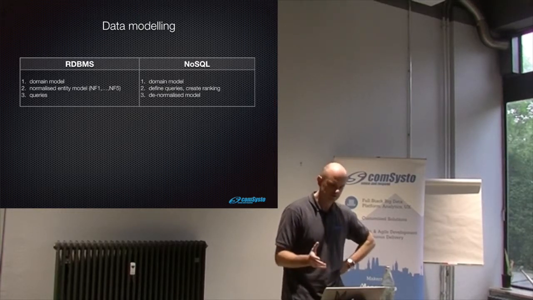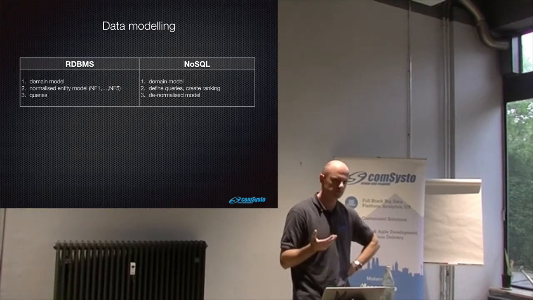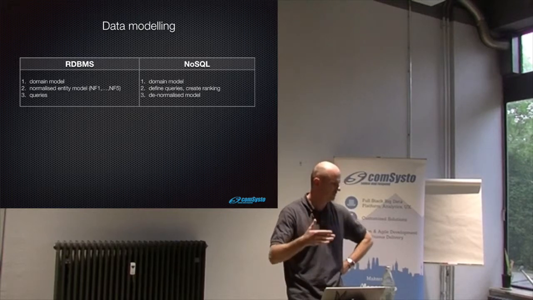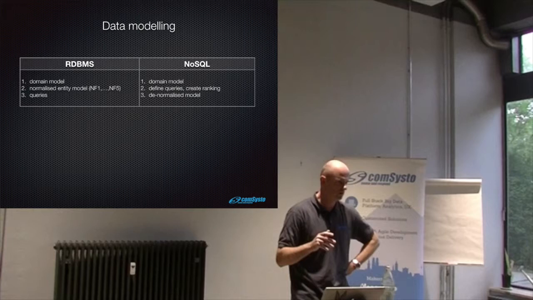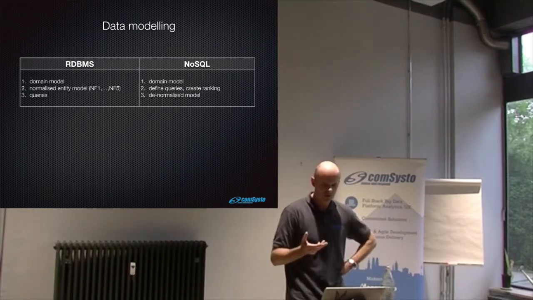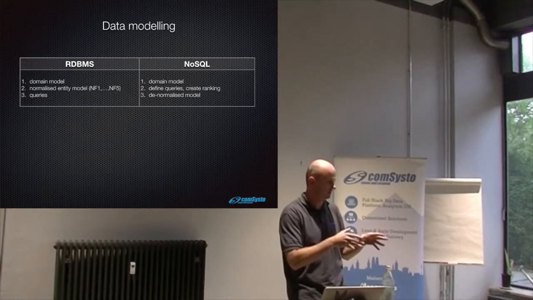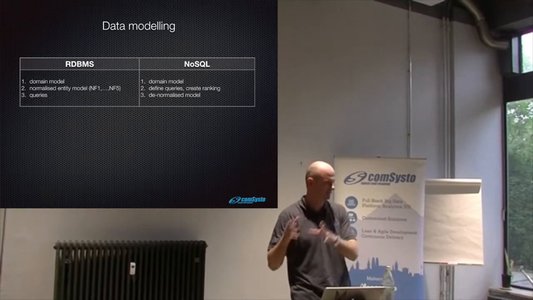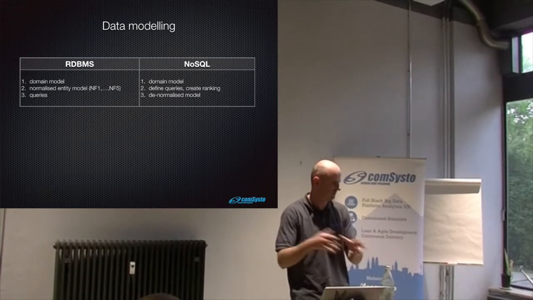I told you already that there are no inner joins between tables, and there are also limited possibilities how you can query a particular table. There are a few cases how you can query the table. This forces you to know your queries up front, because based on the queries you are going to create your Cassandra model, which means if you don't know the queries, you can't start developing.